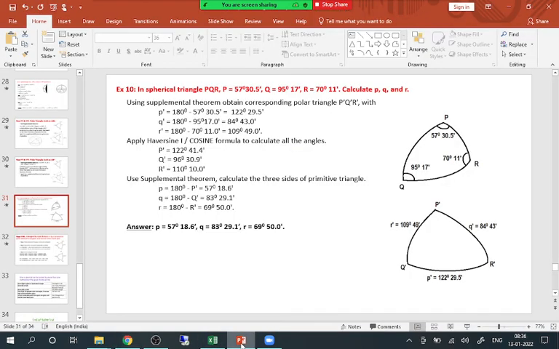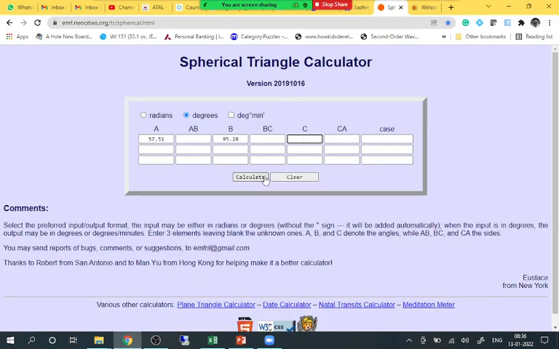And the third, 70 degree 11 minutes. 70.18. Good. So we entered all three angles. Now we have to calculate. Now we have to solve this problem.